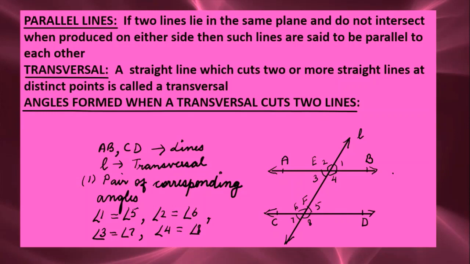Angle 1 equals angle 5, angle 2 equals angle 6, angle 3 equals angle 7, and angle 4 equals angle 8. These are your pairs of corresponding angles.